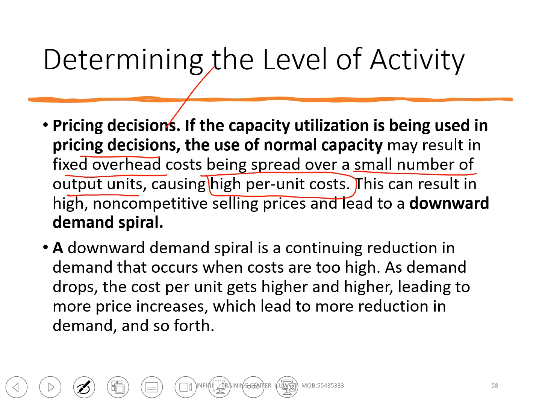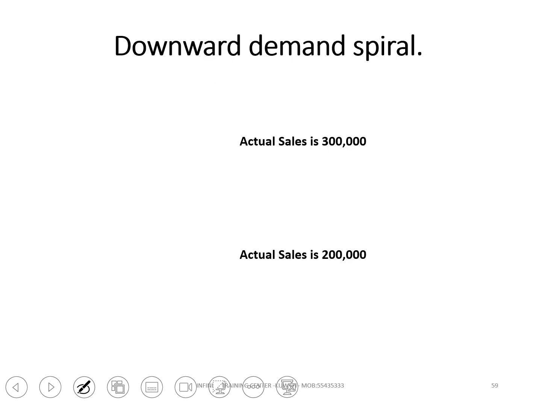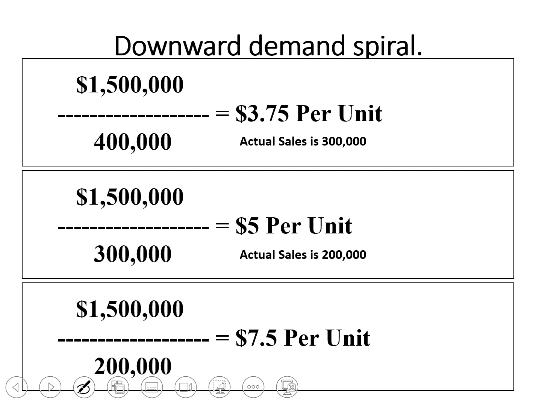This results in high non-competitive selling prices. So when your cost is high and if you are setting your price based on the cost, you will end up in high selling price. So when your price is high, maybe your demand will go down, and this will lead to a phenomenon called downward demand spiral. So we will see in the coming slide what is downward demand spiral.